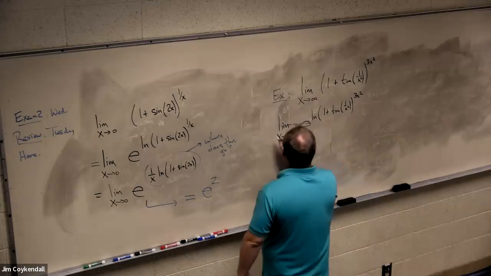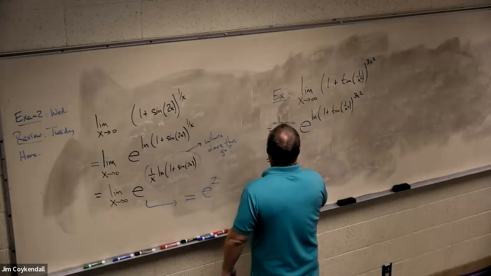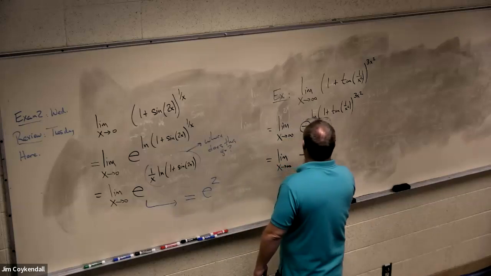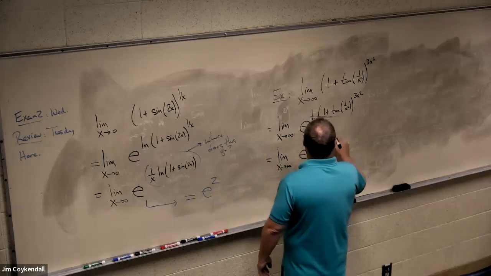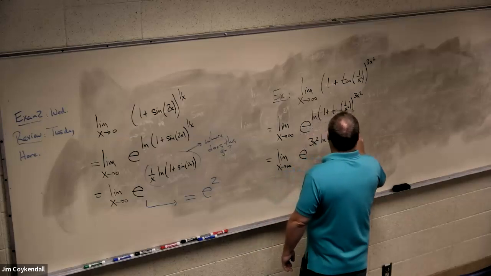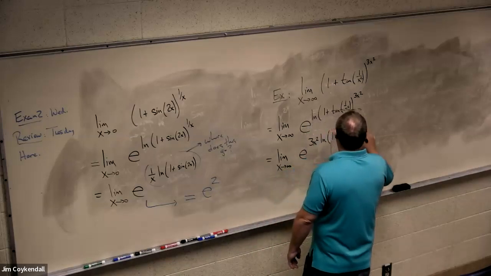So this is, as x goes to infinity, e to the 3x squared natural log of 1 plus tangent of 1 over x.